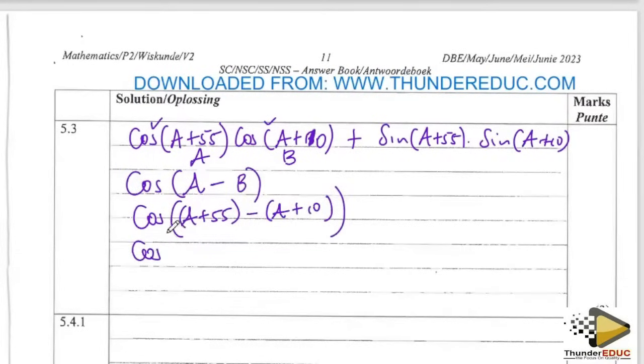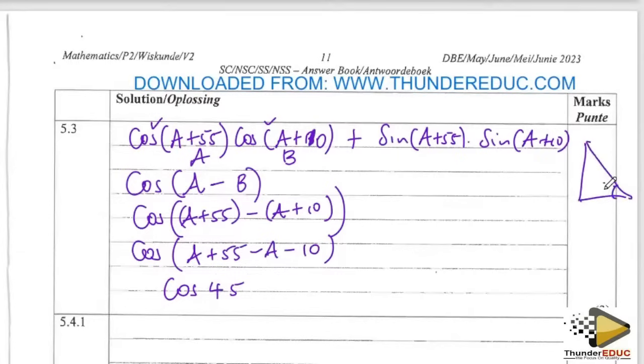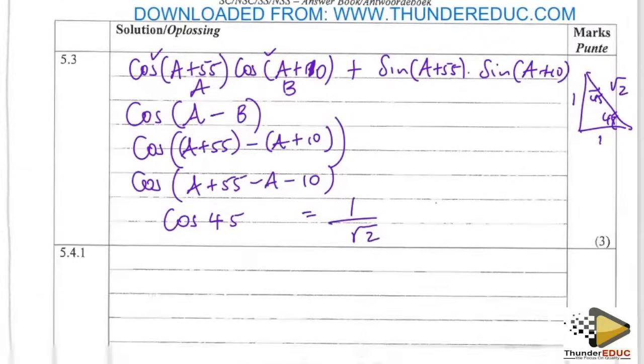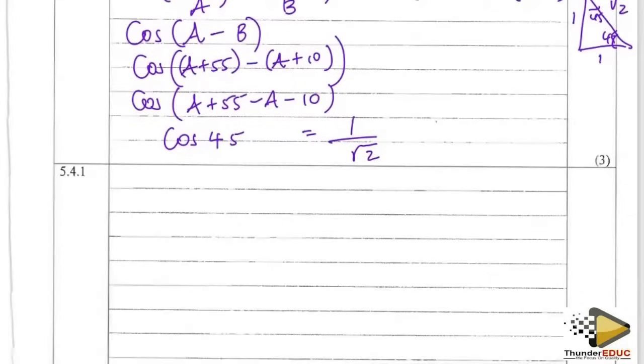So that's a cos of A plus 55 minus A minus 10, which reduces to a cos of 45. From our special triangles, that is a 45, that's a 45, so 1, 1 and root 2. So cos of 45 is just the same as 1 over root 2.